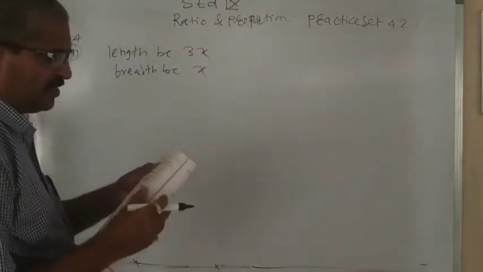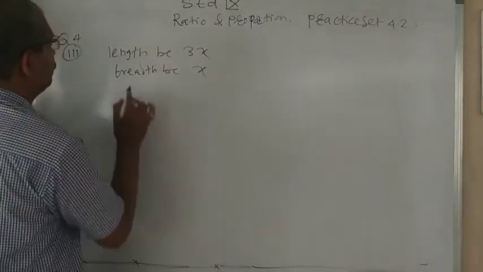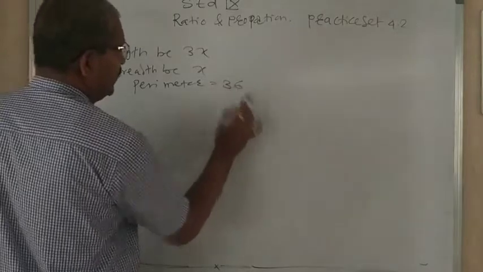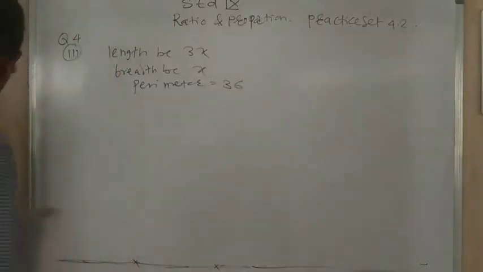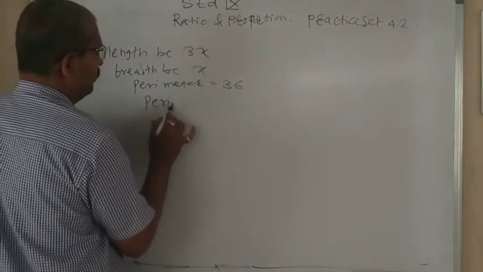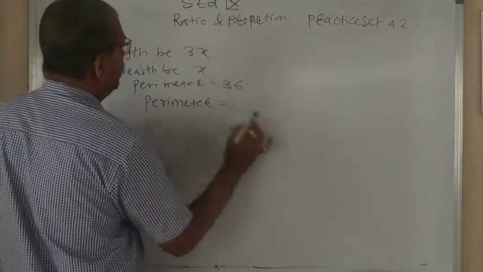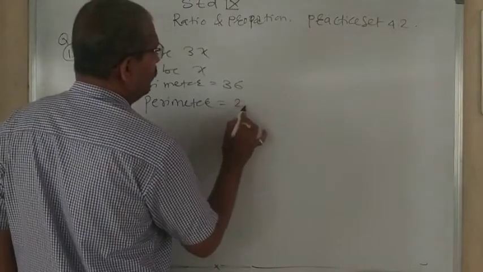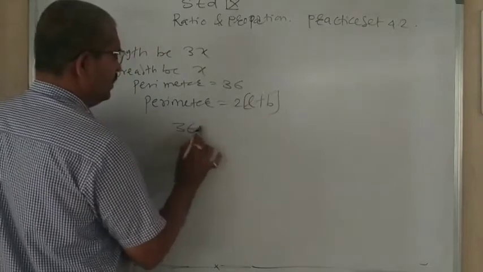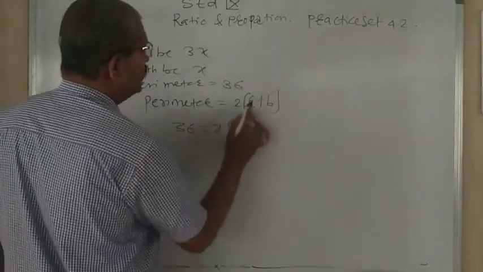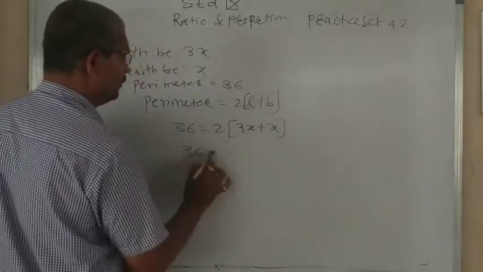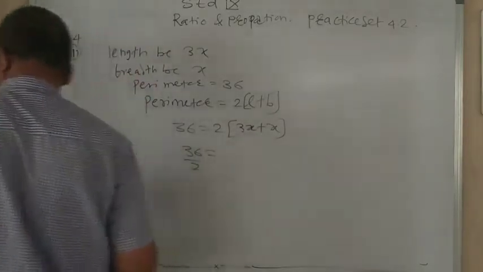Its perimeter is given 36. We will find length and breadth. So what is the formula? Perimeter is equal to 2 in bracket length plus breadth. This is given 36. So 2 in bracket 3x plus x.